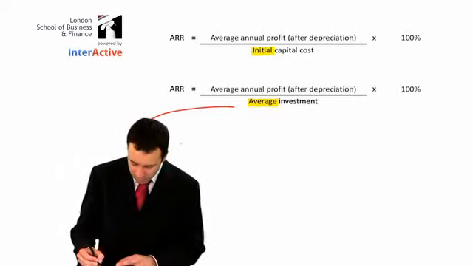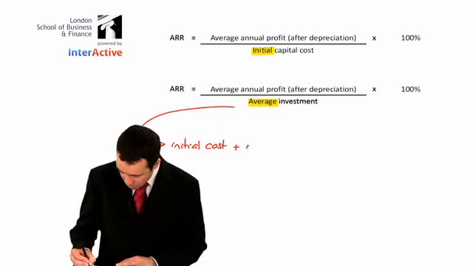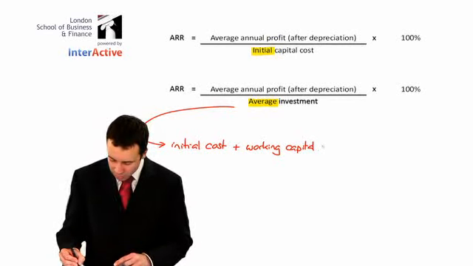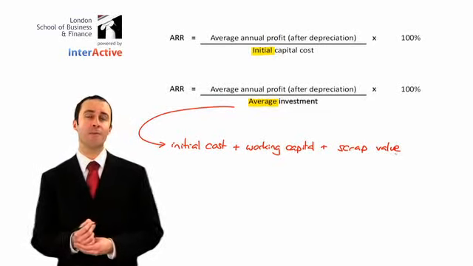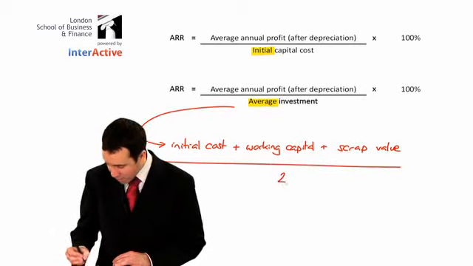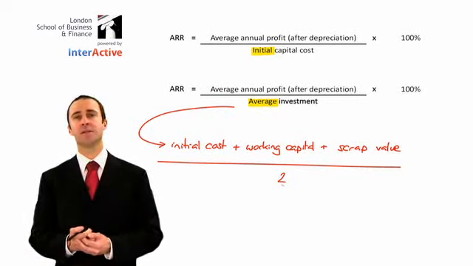Well, that quite simply takes your initial cost plus any working capital required, so any extra working capital that we need for this project, plus any scrap value that we may get from selling the asset at the end of the project, and we then just divide that by 2.